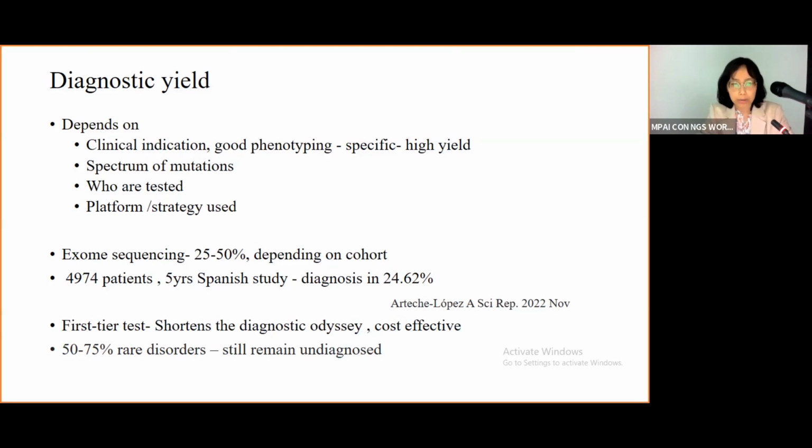The important thing here is that in spite of NGS being in the clinic for over a decade, we still have more than half of the cases which remain undiagnosed. This is now one area of focus where people are trying to do more in terms of diagnosis using other NGS modalities and metabolomics, RNA-seq, etc.